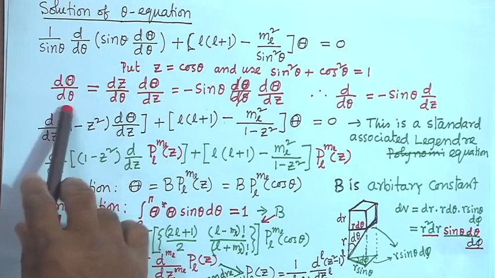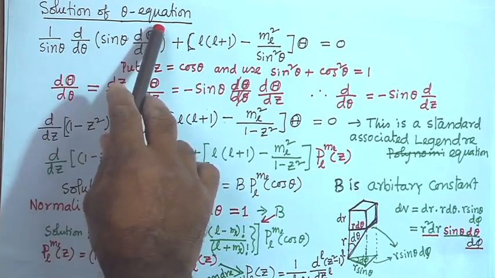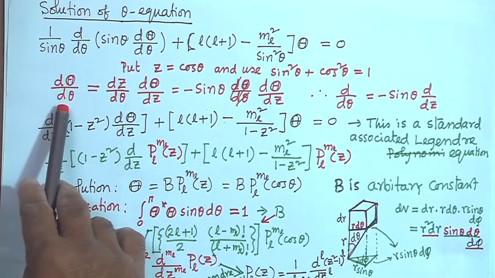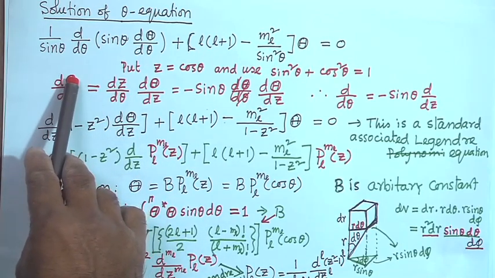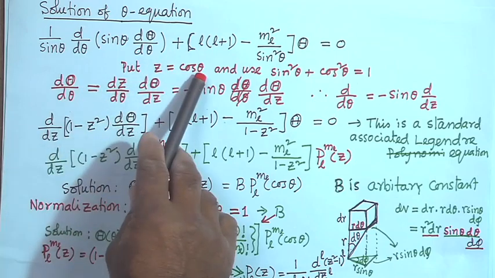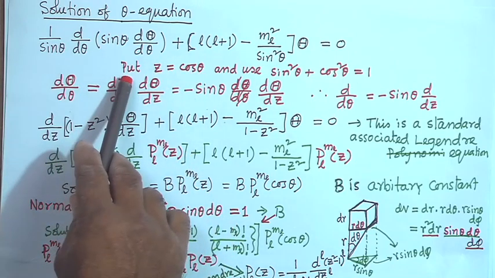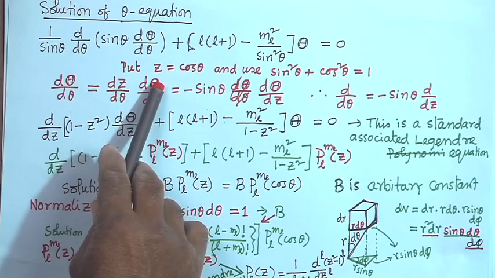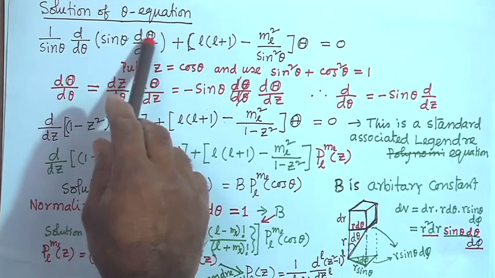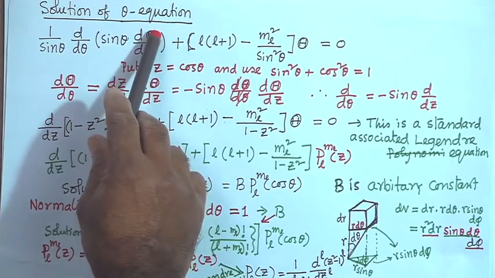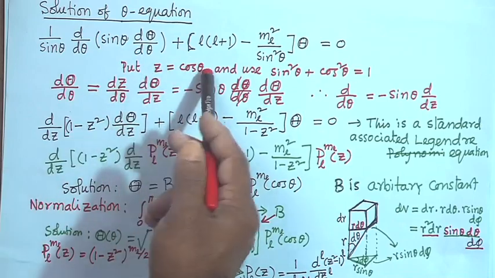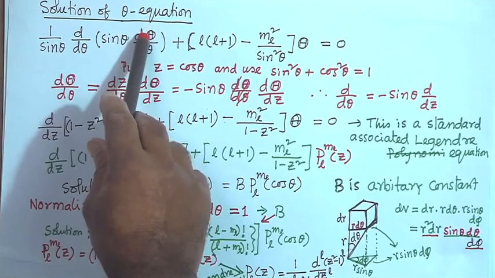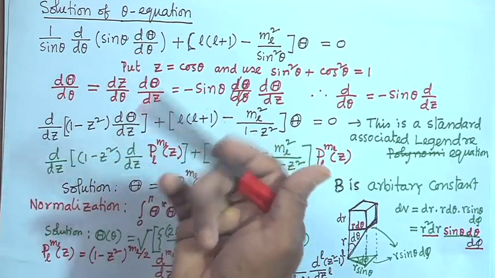So, here we have d capital Theta by d small theta. Now, this z is a function of theta, so I can write dz by d theta, and again, when theta is replaced by z, this capital Theta will be a function of z.